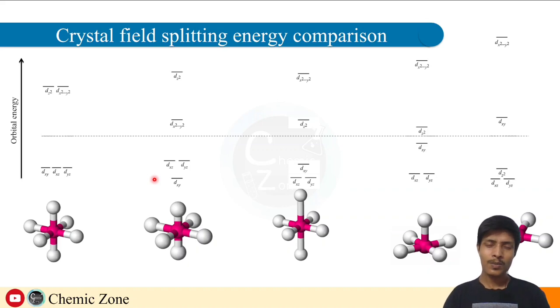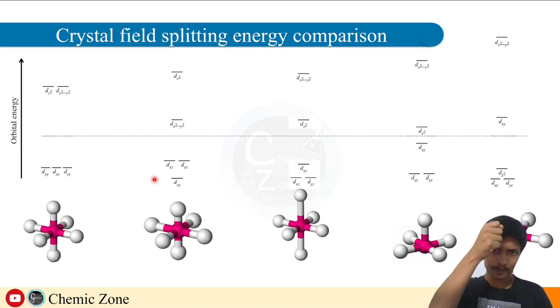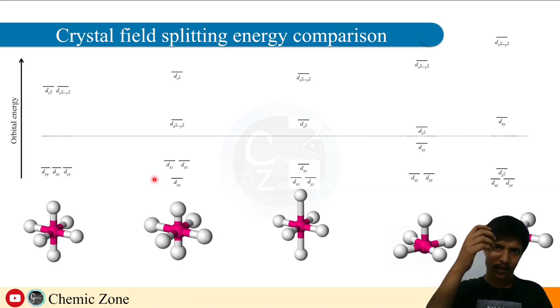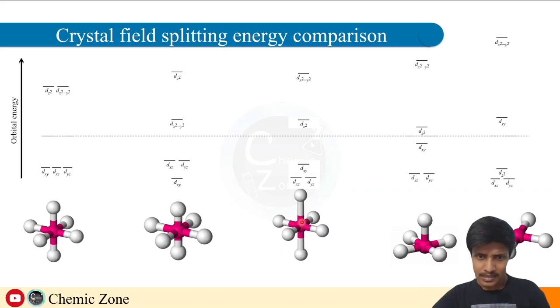Now we do the opposite direction. Now we are pulling the ligands in the z direction like this. What happens if we pull the ligands in the z direction, going away from the metal center? The dz square orbital present here will feel less repulsion compared to the x and y axis.